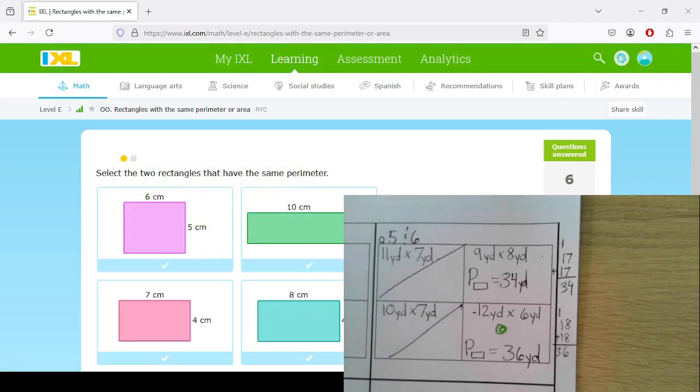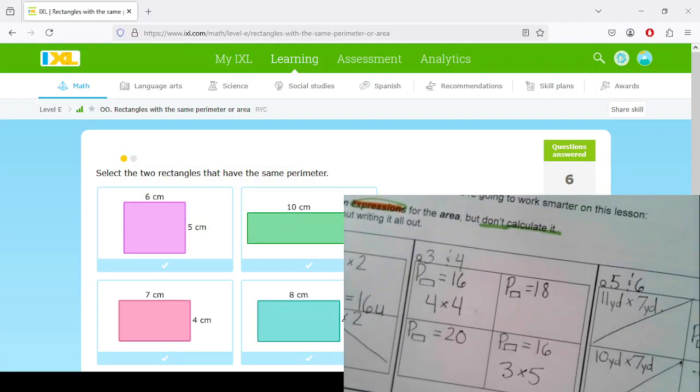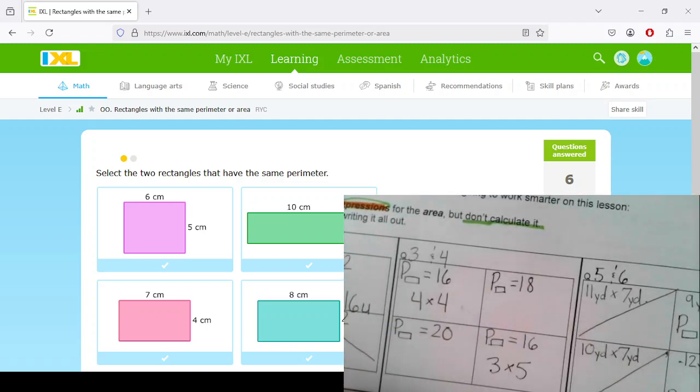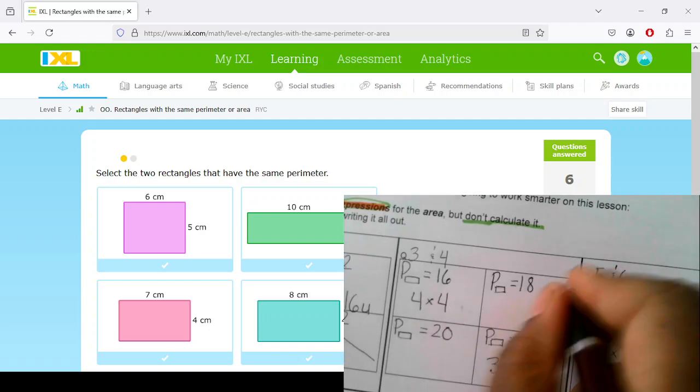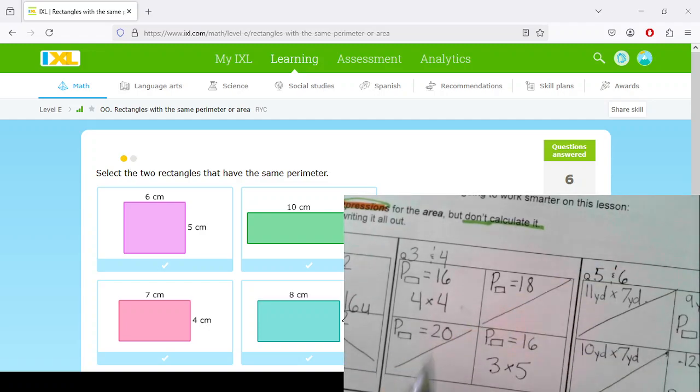Okay, so each time for RYC, it's about working smarter, not necessarily harder. If you're asked for the area, write down all the area expressions. If you're asked for the perimeter, calculate all the perimeter expressions. Cross off the ones that you don't need, and then work the second step for the remaining.